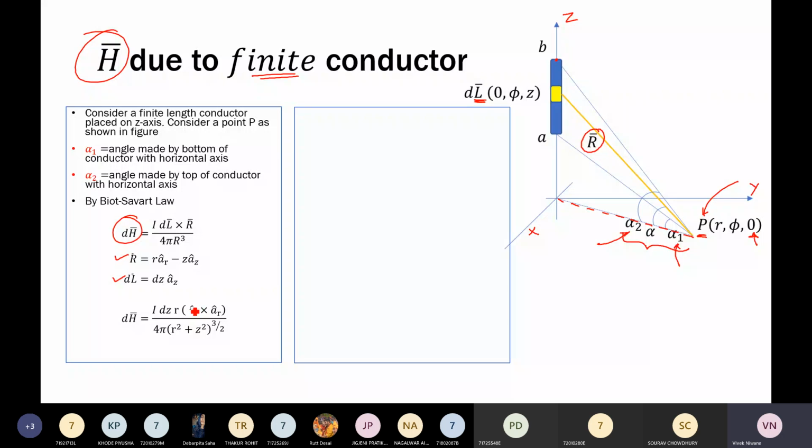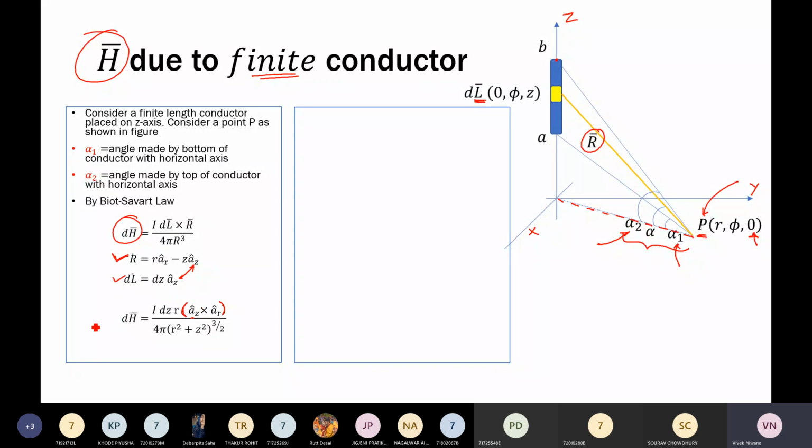I have skipped one step over here, a very important step. Very important means what? I want to put a cross product in between the dl bar and the r bar. So az bar ar, az cross ar cap, it is written over here, and az cross az will be 0. The cross product in between the same vectors is always 0. Now we want to put something over here for this bracket, az cross ar cap.